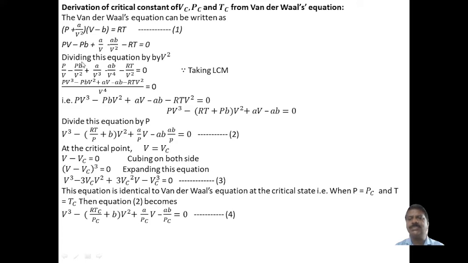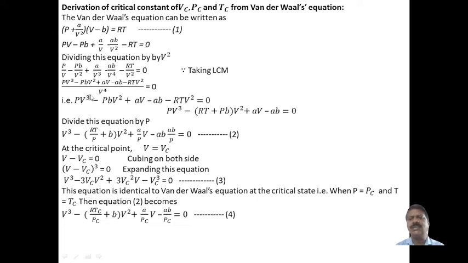Then for this equation you have to take the LCM, which is V⁴, the highest power. Therefore we will get (PV³ - PbV² + aV - ab - RTV²) divided by V⁴ equal to 0.